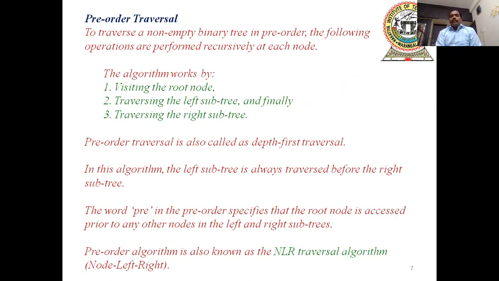What is the pre-order traversal technique? As I already told, pre means before left and right we visit the root node. Pre-order traversal is also called depth first traversal. It goes to the depth first, because it first visits the root, then goes to left and right.